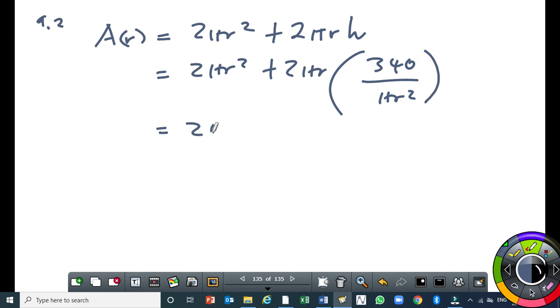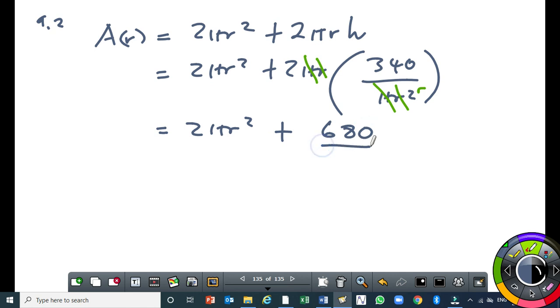And this will give me 2 pi r squared plus, now here I can just cancel out some of the terms. So this pi and that pi cancel. Do you agree with me that this r here and one of those two also cancel? So I'm going to be left with 1 r there. Okay? So then 2 times 340 will give me 680. 680 over r. Are you following there?